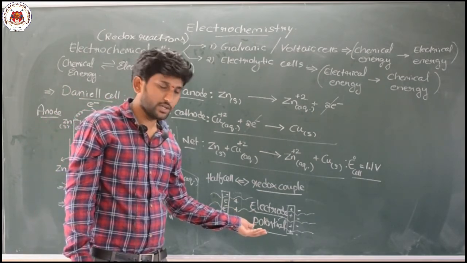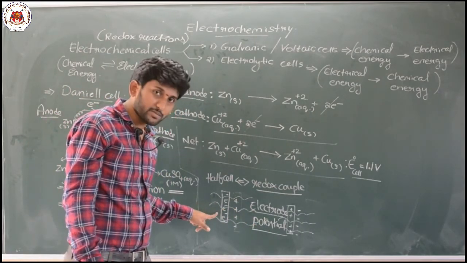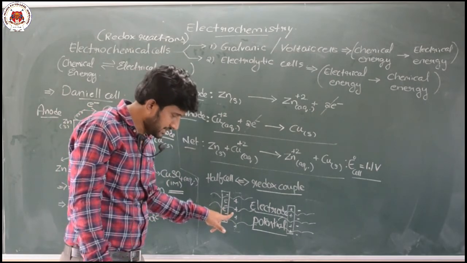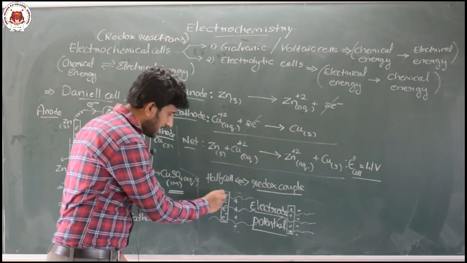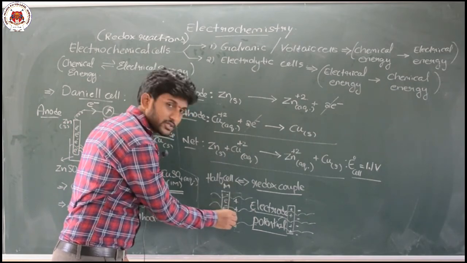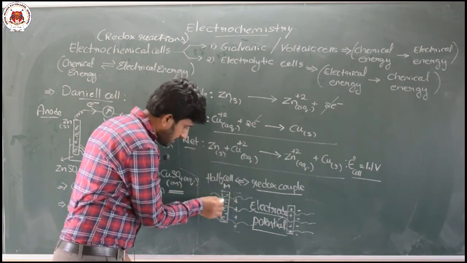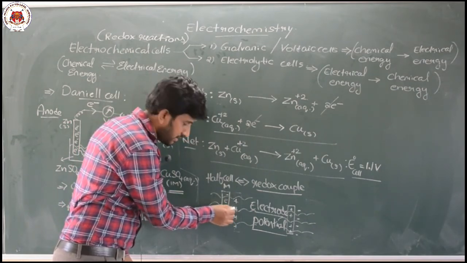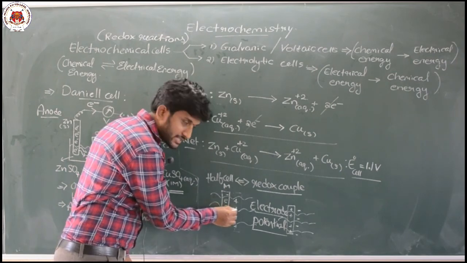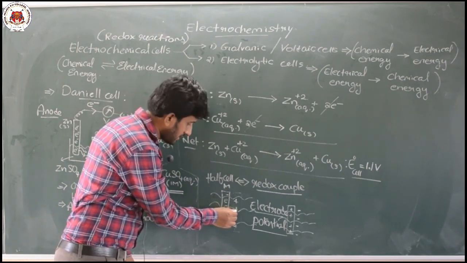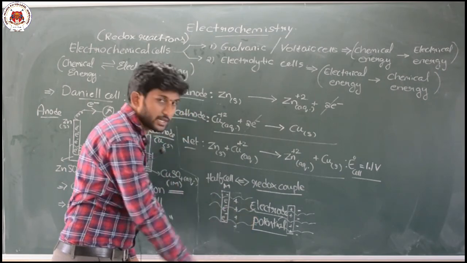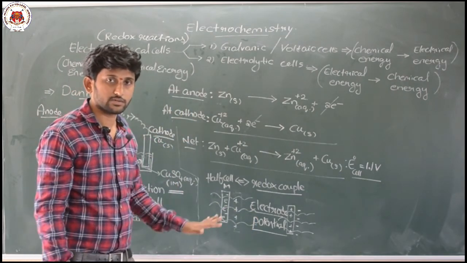Understood? So the potential difference between the electrode and its solution. This is the electrode, this is the metal, this is the solution. So the potential difference between the metal and its electrolyte is said to be the electrode potential. Understood up to here?